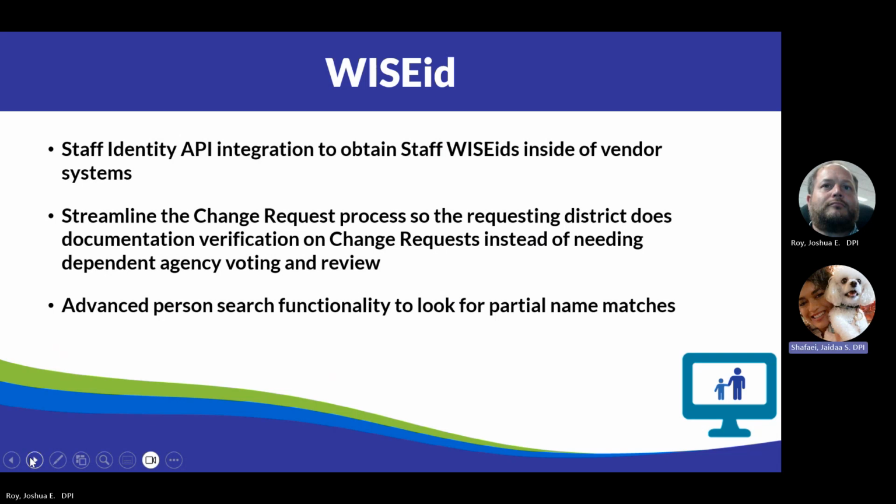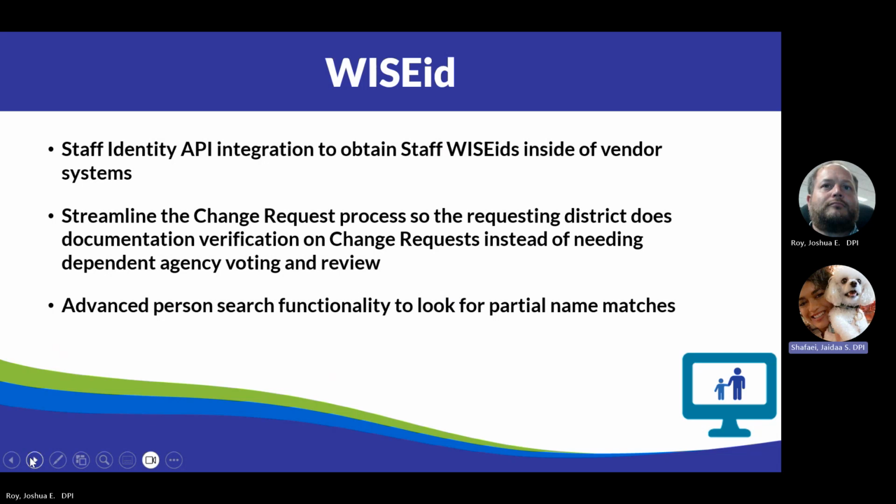And we're also planning to streamline the change request system for both staff and students so that you can self-approve your change requests, just verifying that you've consulted your district's documentation and it is a correct request to change the person's name, birth date, that type of thing. That'll be streamlined so that other districts don't have to keep voting on your change requests, not knowing for sure if it's a good change or not.